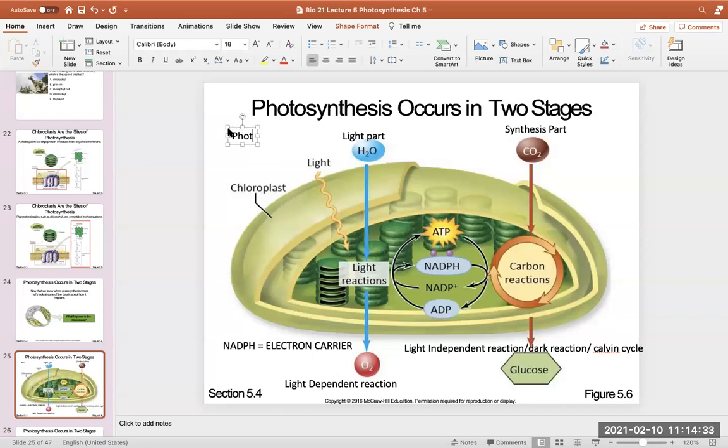So the photo part is light dependent, and this is known as a light reaction. It needs light, basically. So this is also known as light reaction.